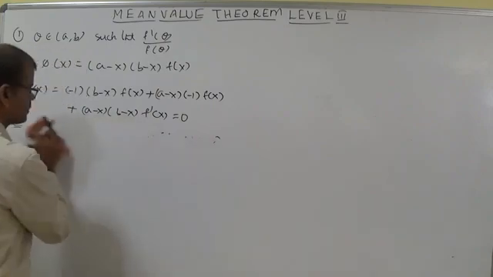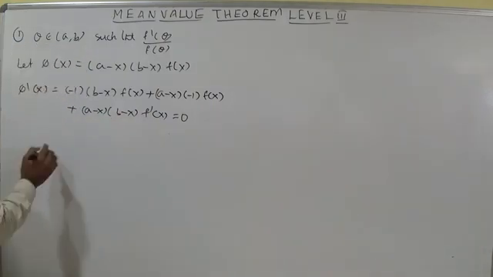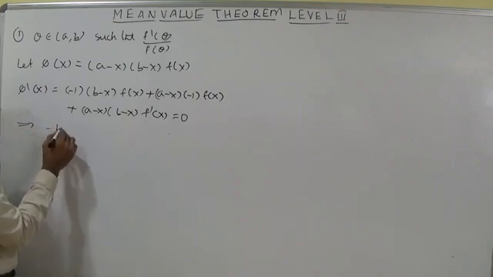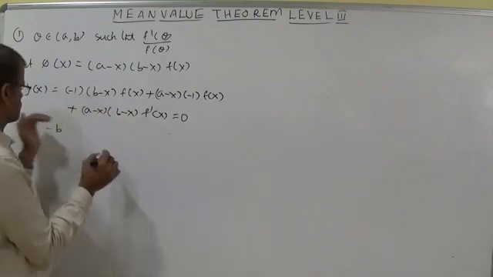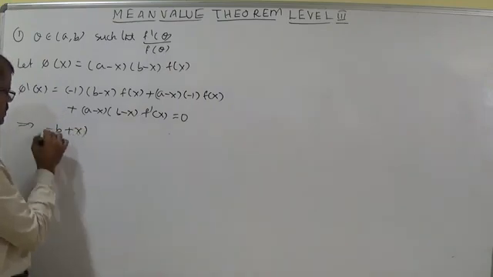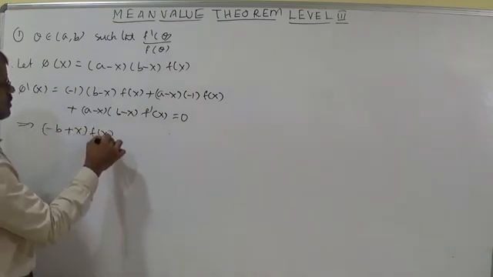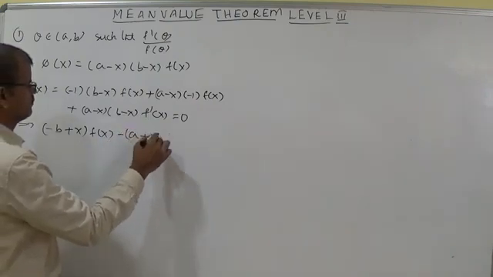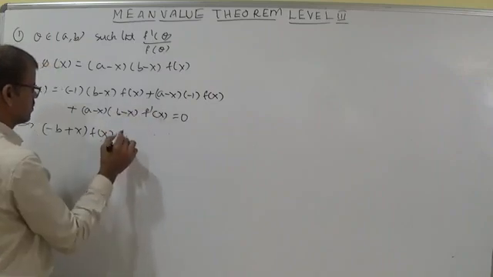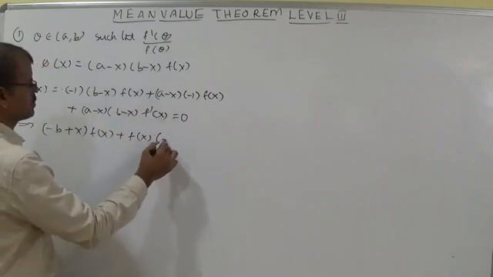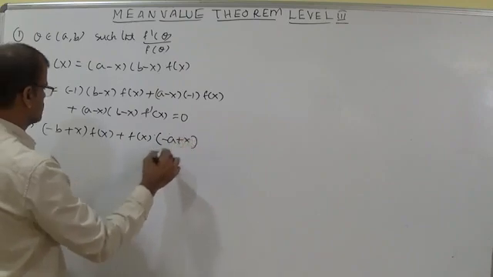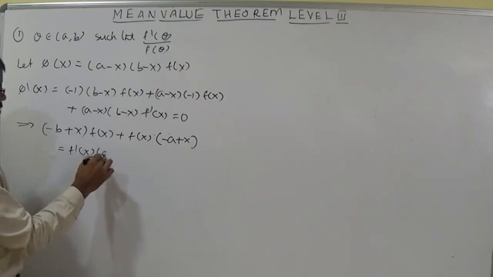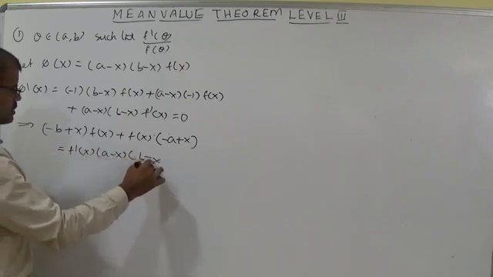Let us write properly. That implies I am writing minus b plus x into f of x, minus a plus x into f of x is equal to f dash x into a minus x into b minus x.